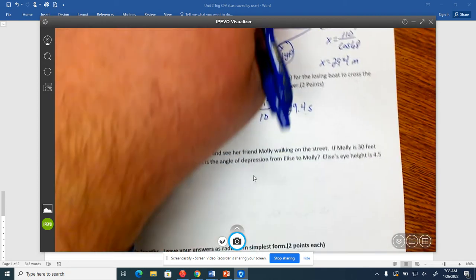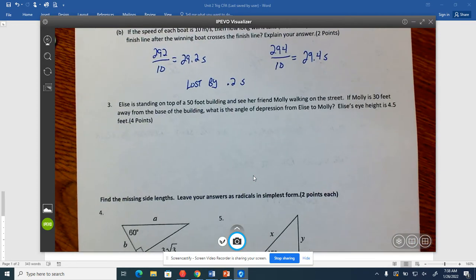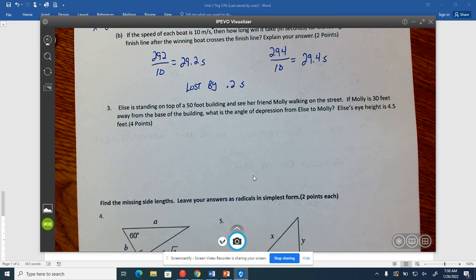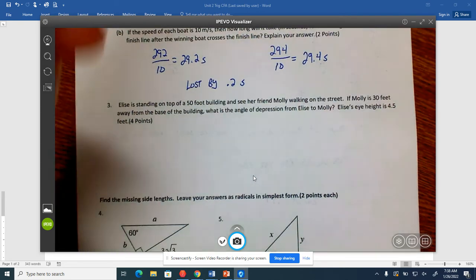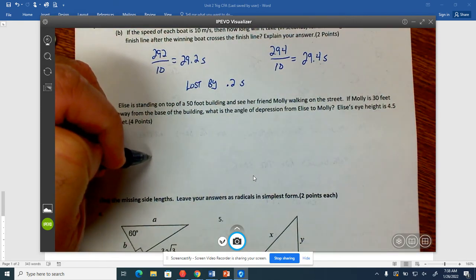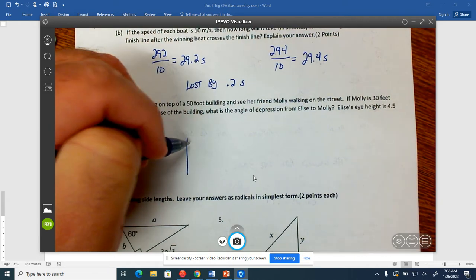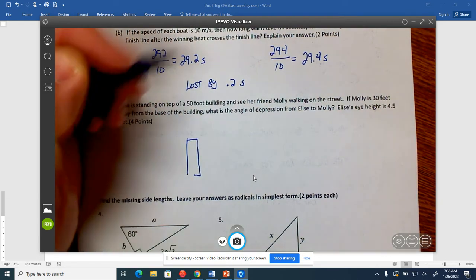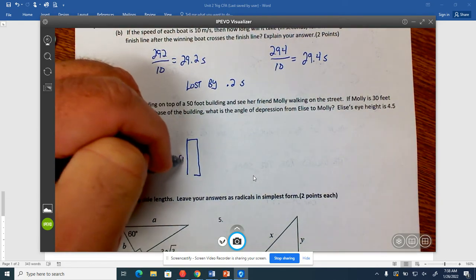All right, now this one. You have to draw the picture and understand what angle of elevation means and what angle of depression means. Elise is standing on top of a building. So let me draw a building. It's 50 feet tall.